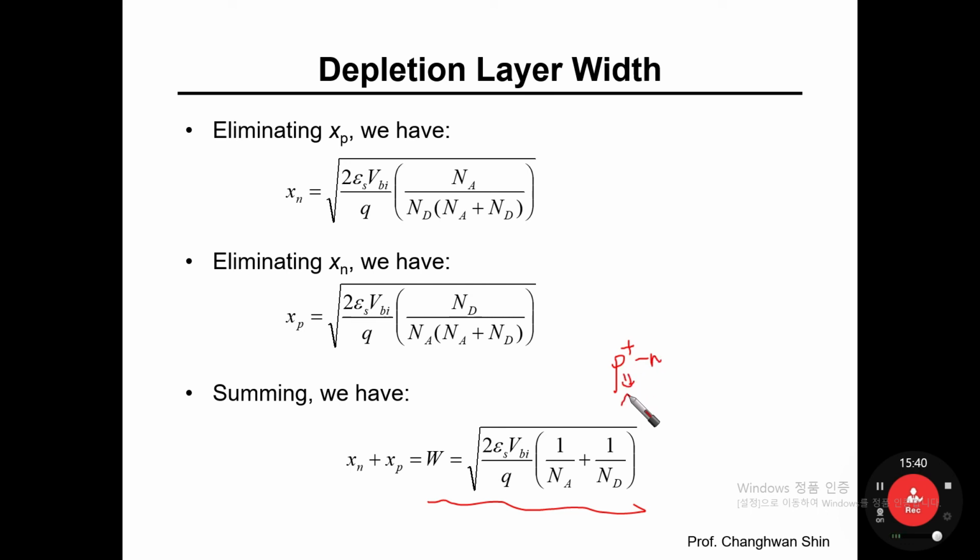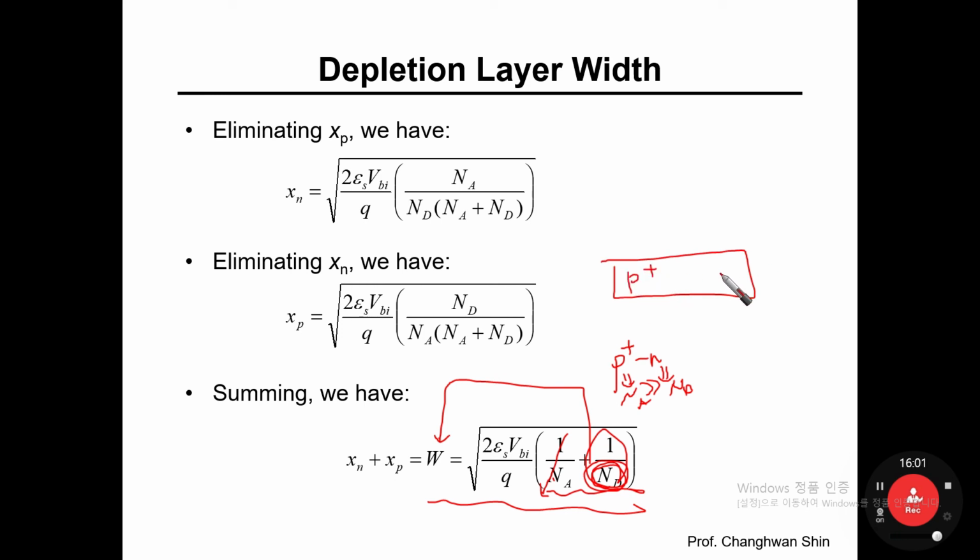So P plus means Na, the N side is Nd. So Na is much higher than Nd. So in this equation, 1 over Na can be much smaller than this term. So Nd is the key knob in determining the total depletion layer width. So in a P plus N junction, all the depletion layer is actually formed on the lightly doped side, in this case, the N side. Okay, so remember this.